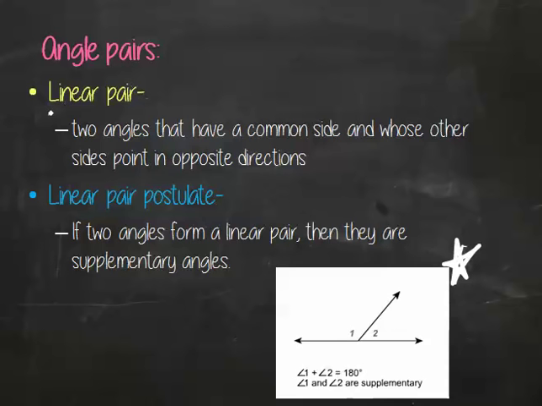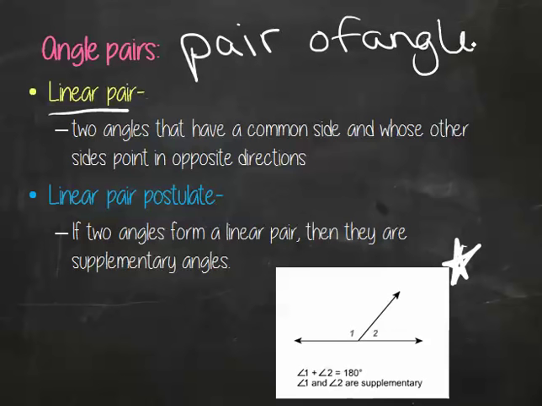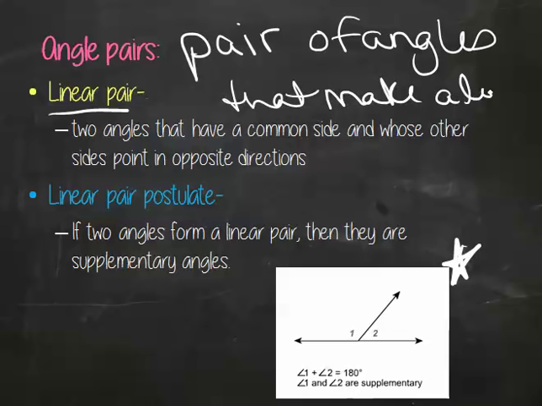Okay, so a linear pair is a pair of angles that make a line.